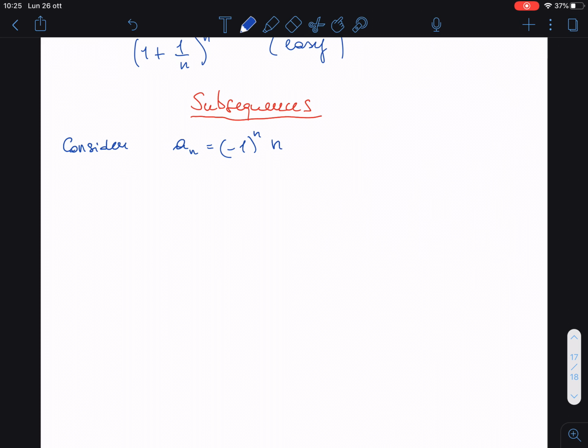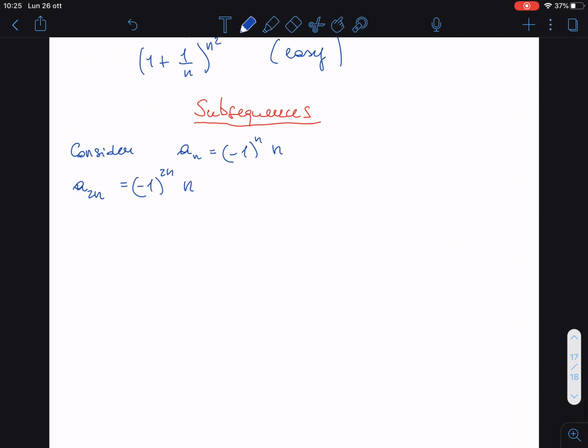But consider just the even elements a_2n, so the index here is even, which means that you take minus 1 to the power 2n times 2n.